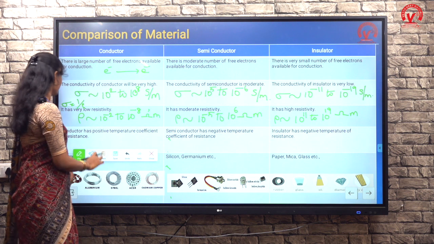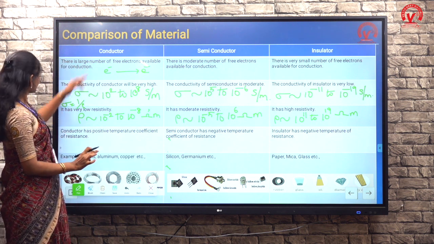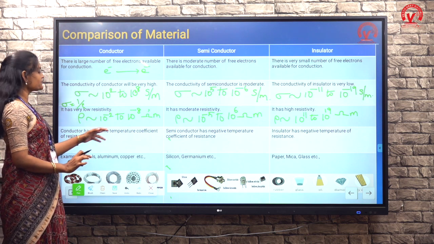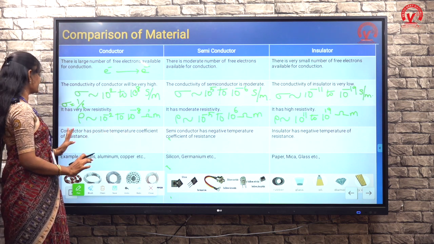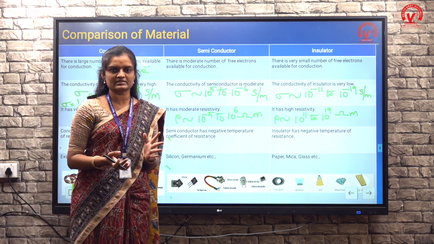Okay. Now the conductor has a positive temperature coefficient of resistance. What is meant by positive temperature coefficient of resistance?